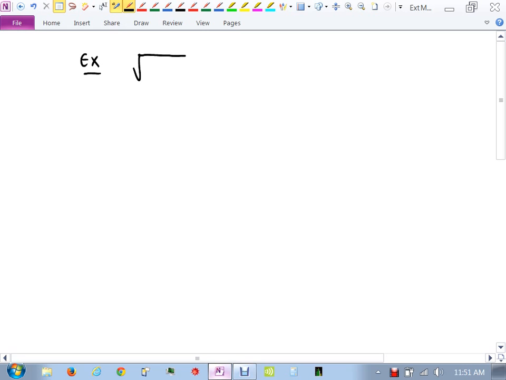Square root of x squared minus 3x minus square root of negative 10x minus 12 equals 0. Now that's starting to look pretty ugly, isn't it?